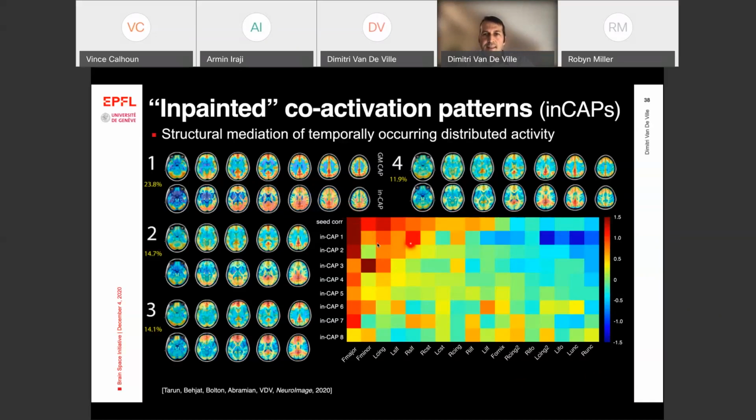And you see that indeed the dynamically occurring InCAPs are using the white matter in a much more distributed way. And that's, of course, very interesting to now look more closely and to see also how the mediating white matter is actually supporting those dynamically occurring coactivation patterns.